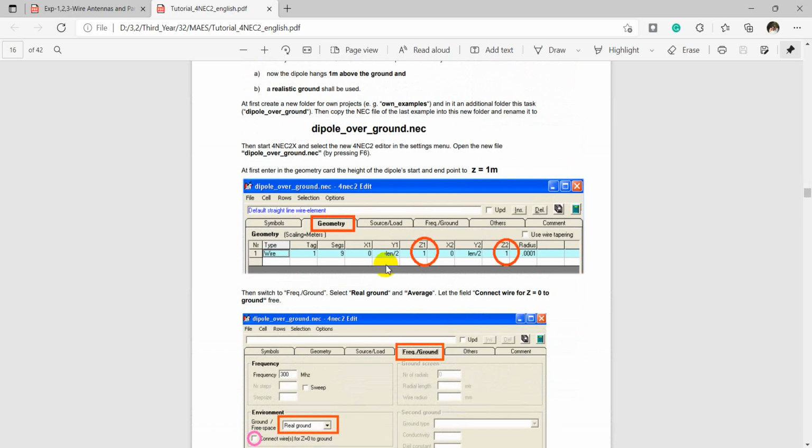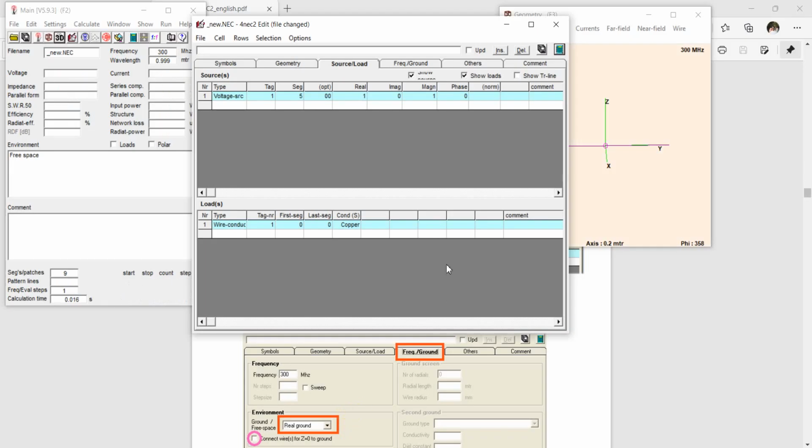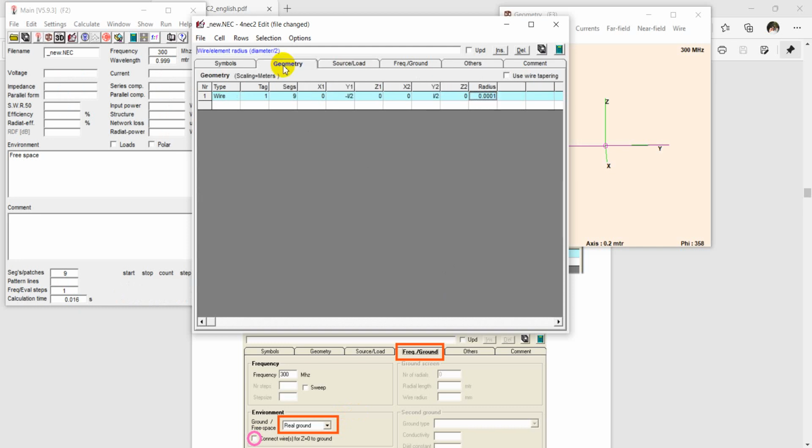And at the time of designing a dipole antenna over the ground, you have to understand that when we design an antenna in free space, you have to put a value on the axis in the z direction. That means if we consider the xy axis as a 2D level, the 2D level indicates the length and width.